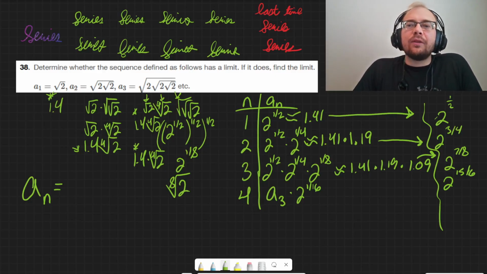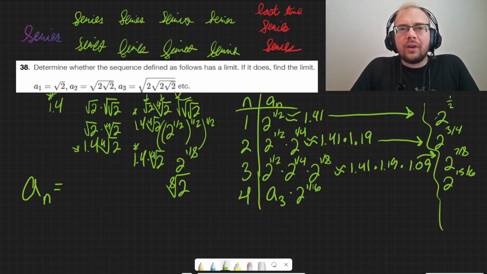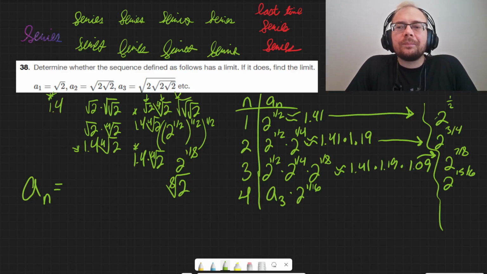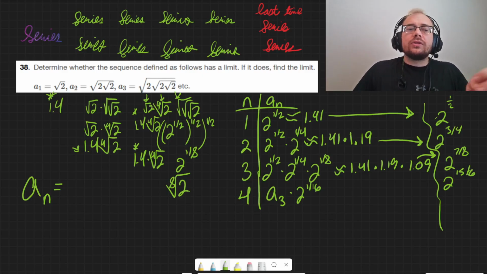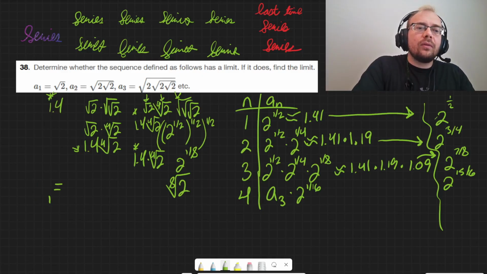The next one would be 31/32s, the next one after that would be 63/64ths, and so on. It's essentially going to go to 2 to the 1st power, which is just 2. It's getting infinitely close to that. So the answer is actually just going to be 2.